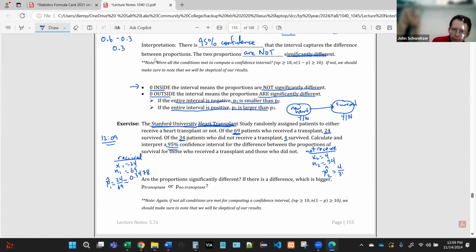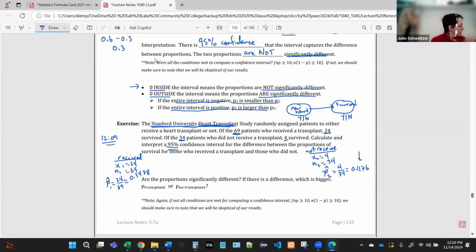It's 4 out of 34, which is about 12%. So there are people who have some kind of cardiac event, maybe a very serious event, who can still survive. It's not very common, but it does happen. So that gives us a nice baseline to compare the success rate among the transplant group.